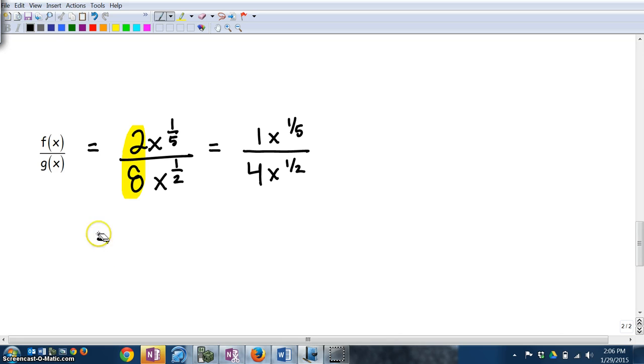So instead, what I'm going to do here is rationalize. x to the 1/2, remember we want to complete a whole. So it'll be another 1/2. So now you have 1 x to the 1/5, x to the 1/2, we're going to combine those in a second, over 4x.